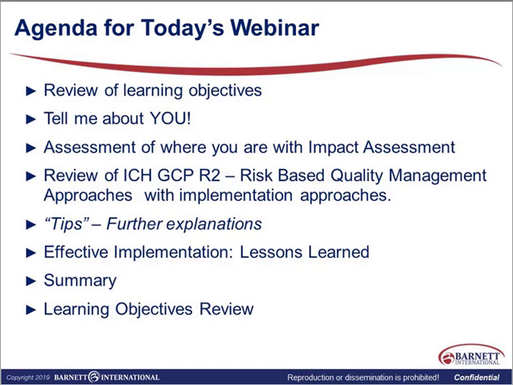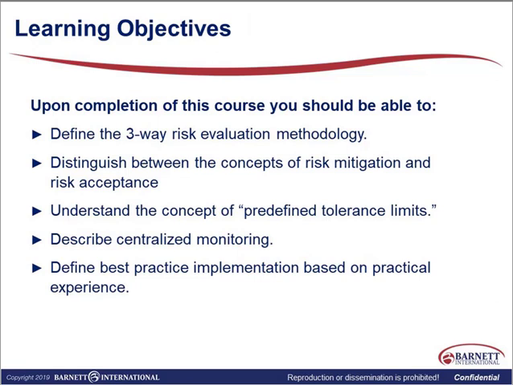We will review section 5 of the ICH GCP E6 R2 and talk about implementation approaches and areas that you should look at within your organization. And we will talk about effective implementation and some lessons learned, and then we will have a summary. And as I mentioned earlier, you can ask questions throughout.